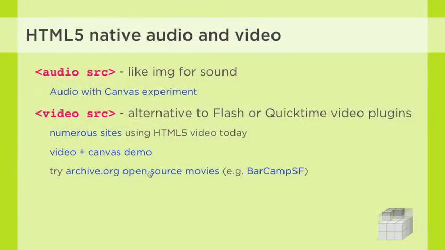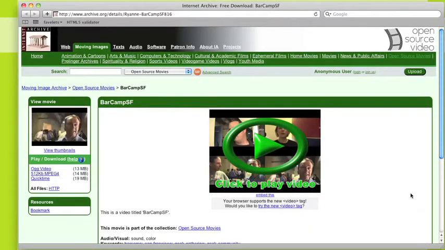And you may be wondering, well, I want to get started with HTML5 video, but I don't really have any videos of my own to use, and a lot of videos out there are proprietary, copyright, etc. So to get started learning how to use HTML5 video, I want to at least give you a pointer to some open source videos. Archive.org has plenty to choose from, and one that I recommend checking out because it does incorporate a bit of web development, web design, technology, community history, is the Barcamp San Francisco video.